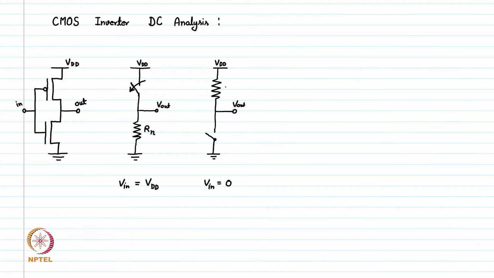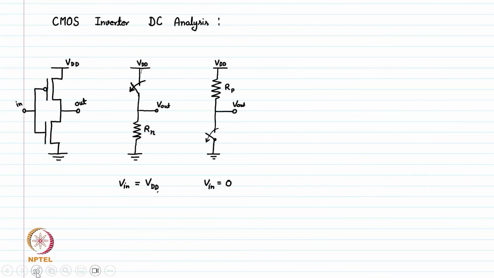This is the output node, and this resistance is, let's say, Rp. Now this switch is off. So when we apply input as high, the PMOS is off, so there is no current coming from the top VDD, and the only current can go from output to ground through Rn. In the second case, when we apply V in as 0, the current will come from VDD to the output node through Rp, and the current cannot go from output to ground because the NMOS is off.